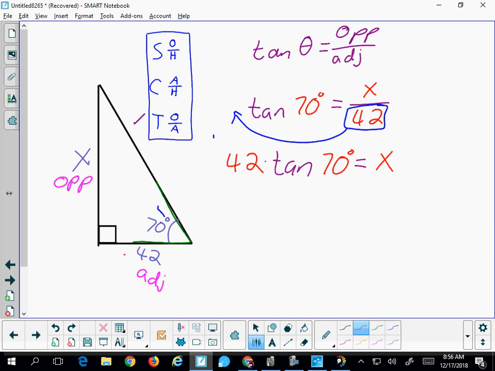So now we go to our calculator and we type this entire thing in. With just writing this out, I'm going to go ahead and put this part in parentheses just because that entire expression is just a number, right? So this is exactly what we're going to type in.